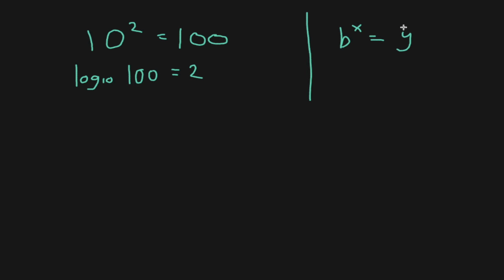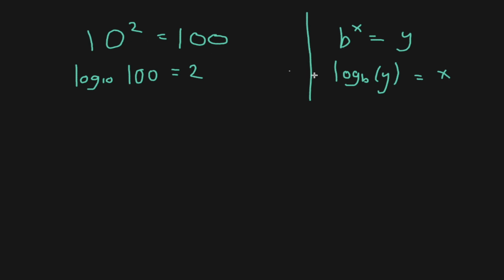Now the inverse, or the logarithm, is going to be, well, we take the word log, and that denotes the inverse of an exponential, to the base b here, and essentially we plug in the value y, and that's going to determine our power x.